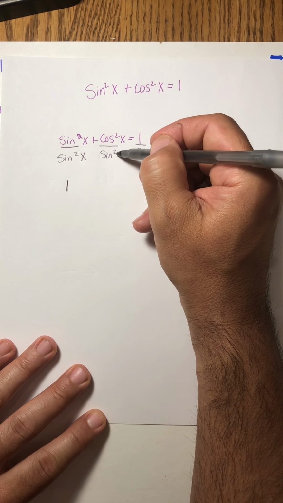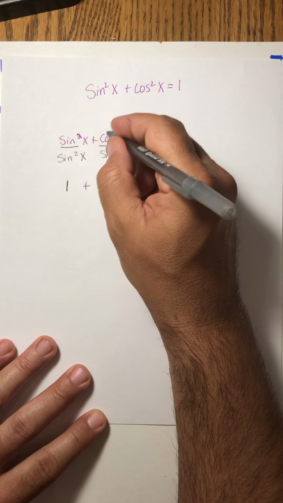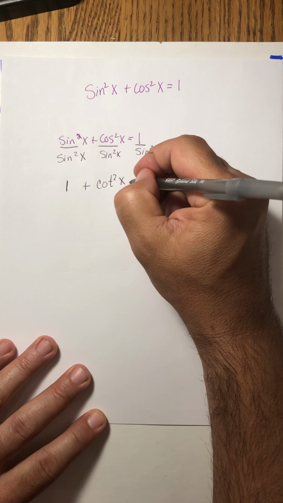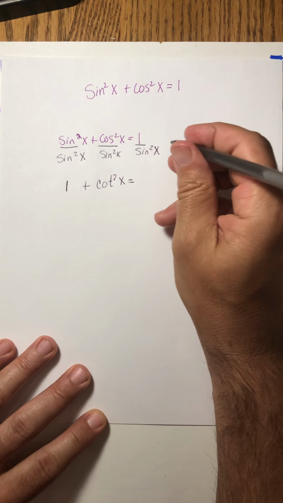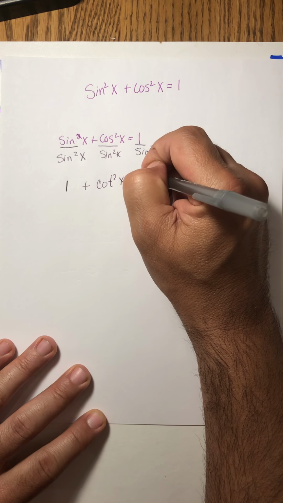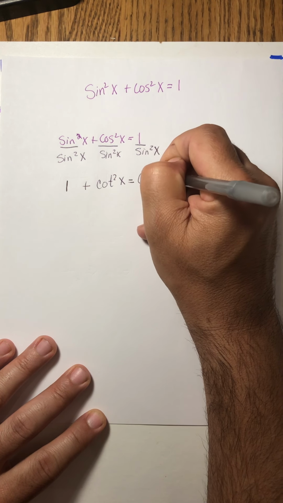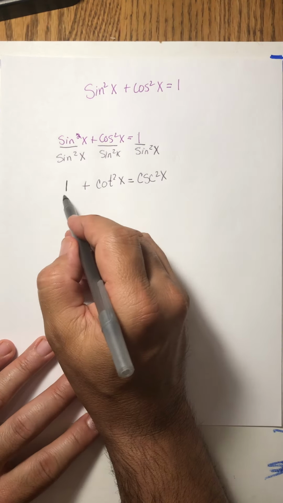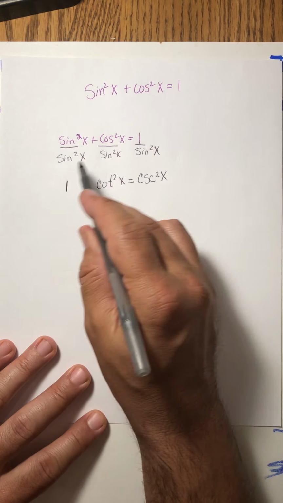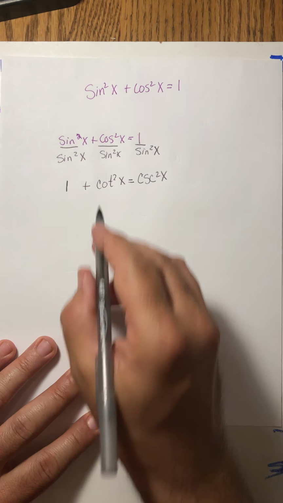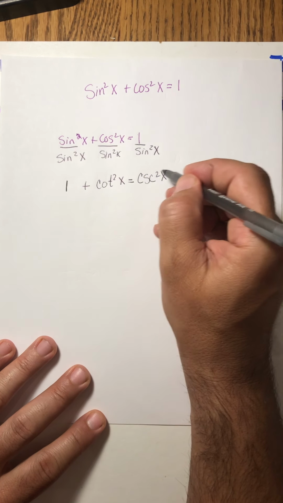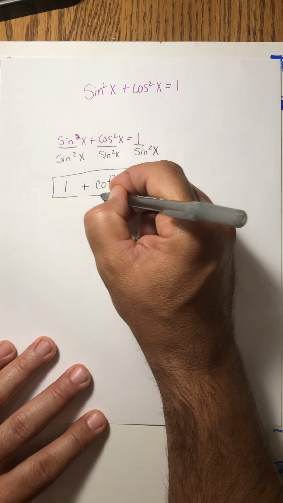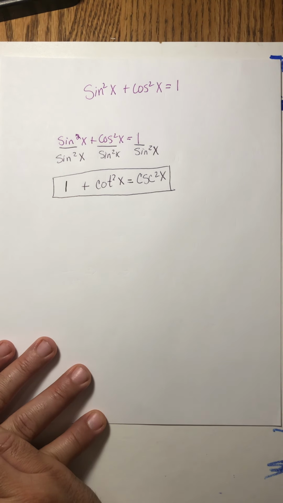Cosine squared over sine squared is the cotangent squared of x, and is equal to, and then 1 over sine squared is cosecant squared. Believe it or not, this right here is another Pythagorean identity that you should memorize. So 1 plus cotangent squared of x is equal to the cosecant squared of x.